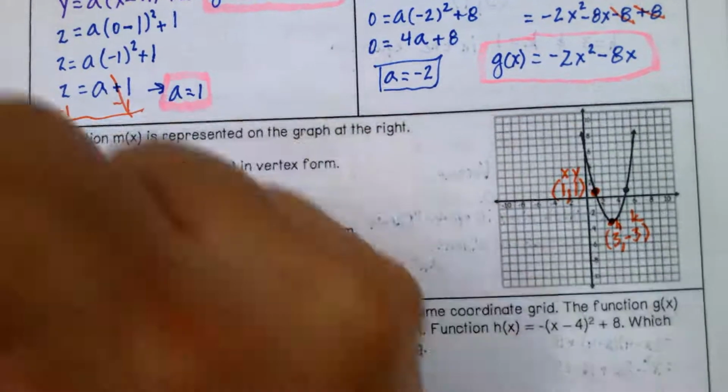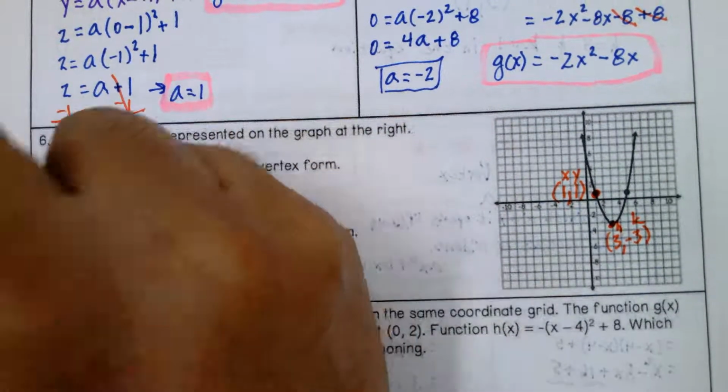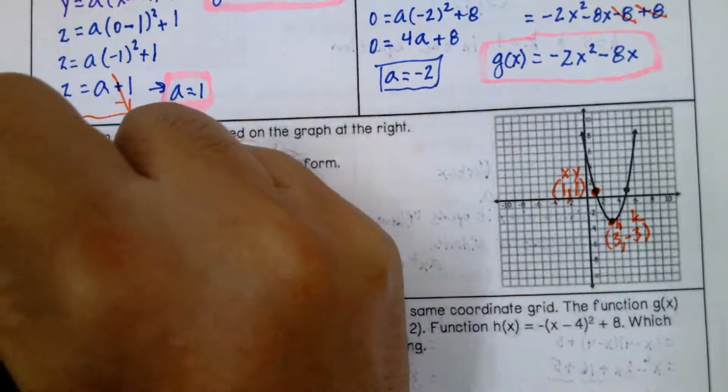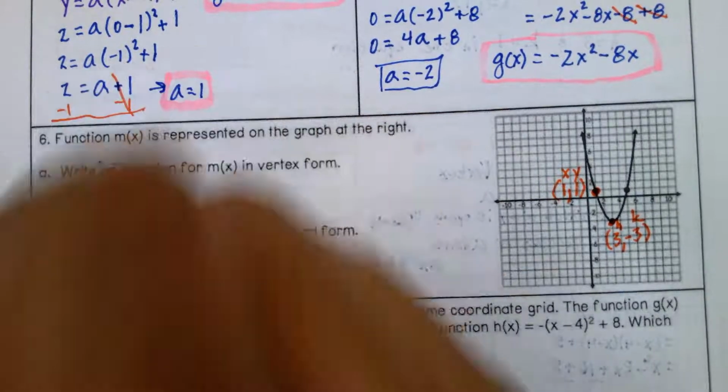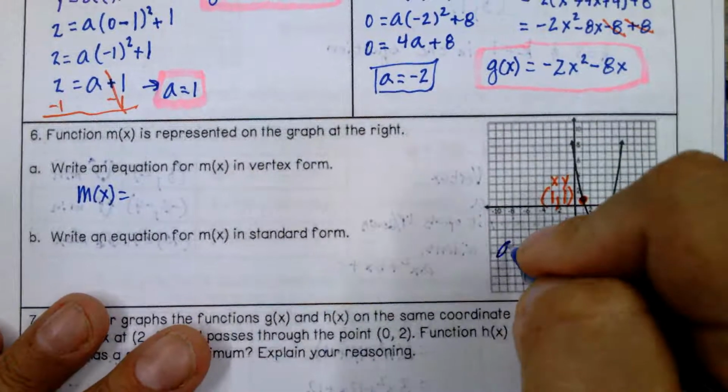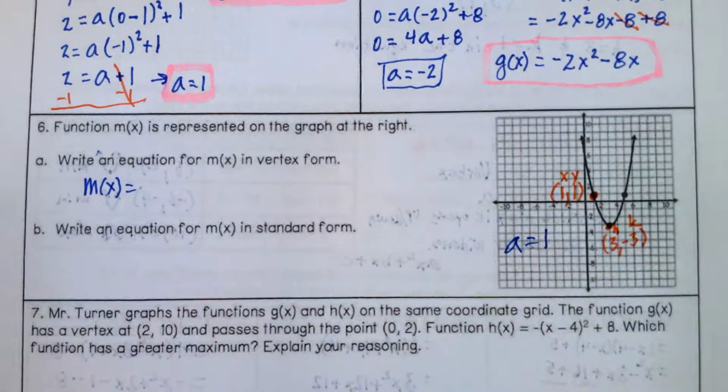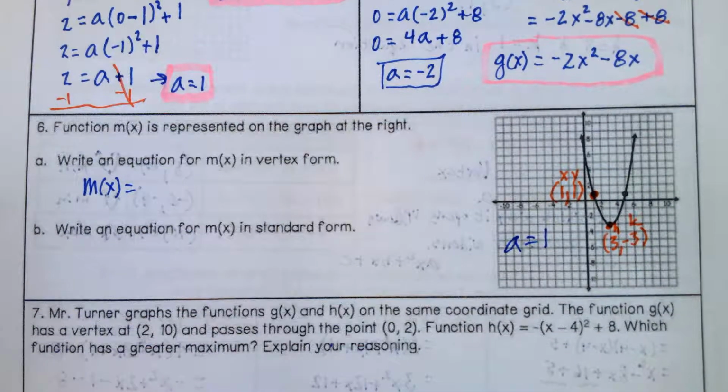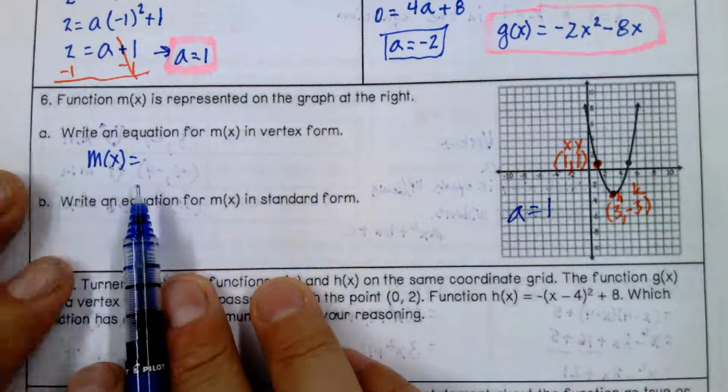I'm just going to give it to you for time's sake. So m of x, it turns out the a value would equal 1. So the a value is going to be 1. So we went through all that here, how to find that. So the a value is 1.